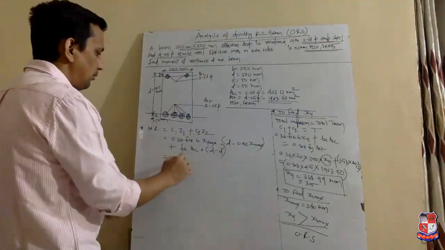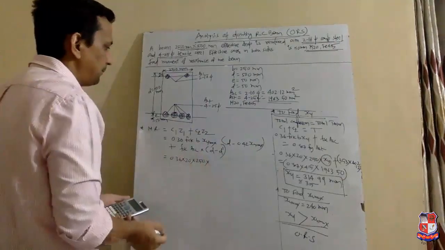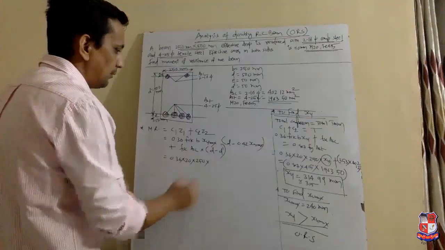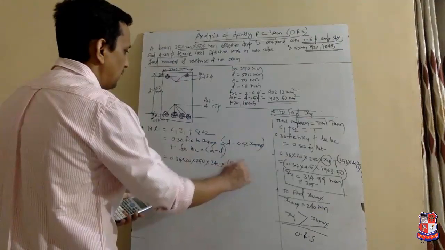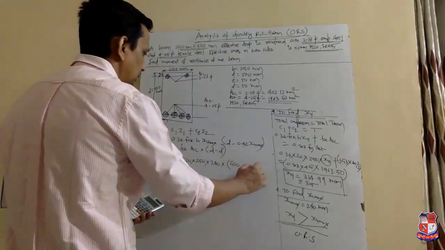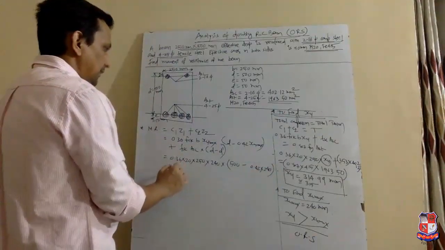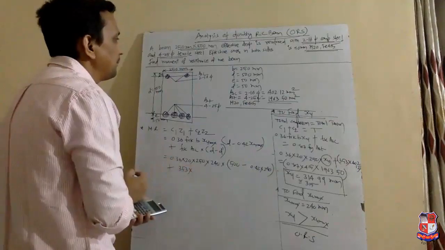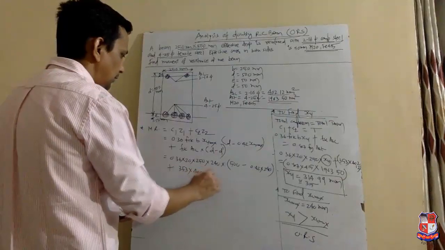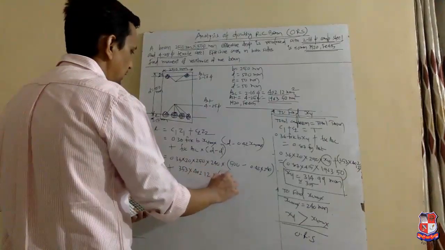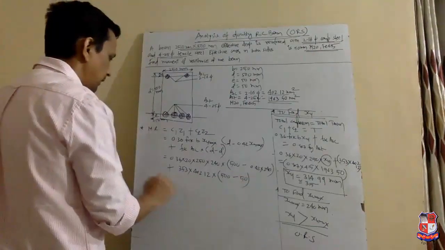Now put the values: 20 into b, which is 250, xu max is 240, into small d, which is 500, minus 0.42 into 240, plus fsc, which is 353, into Asc, 402.12, into small d is 500 and d dash is 50 mm.